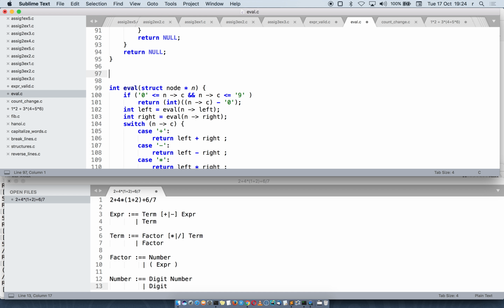So where were we? Star P, right? P was our current character. So if star P is less than 0, or star P is greater than 9, return null. Okay?